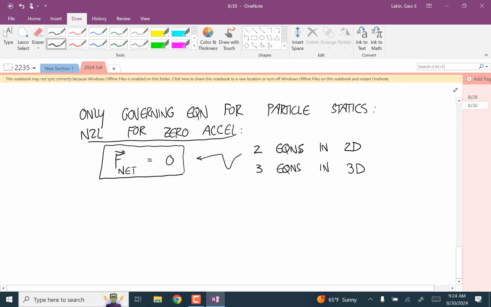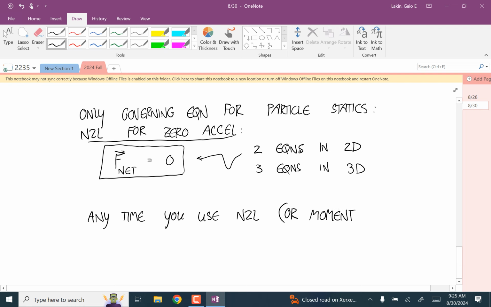Okay, anytime in this class you use Newton's second law, and we're not going to be talking about the moment equation yet, but we're going to use that a lot too, so I'm going to put that in here too.